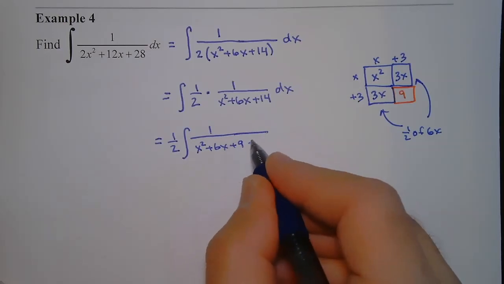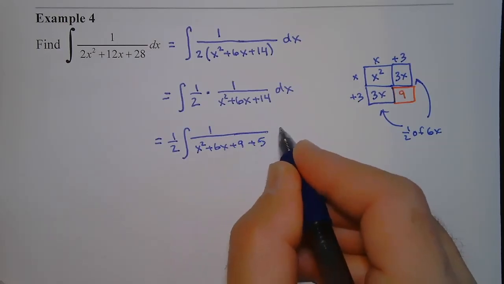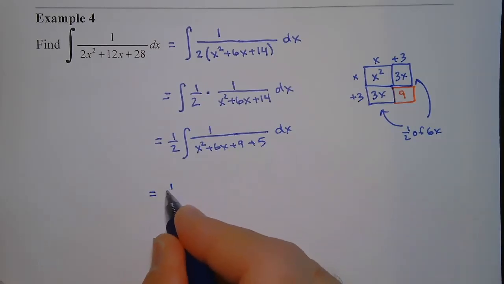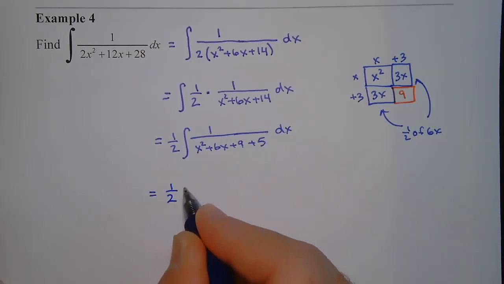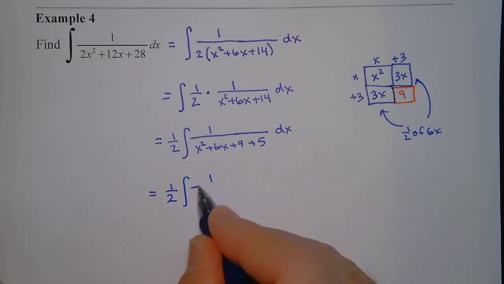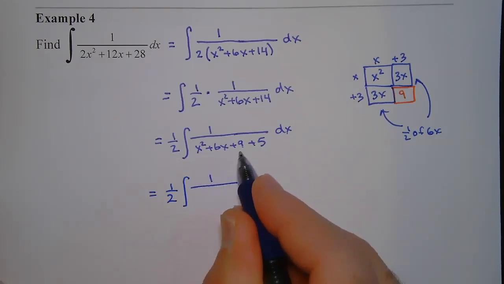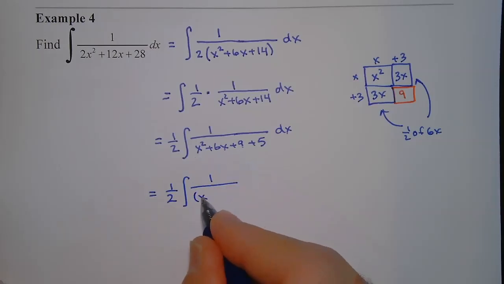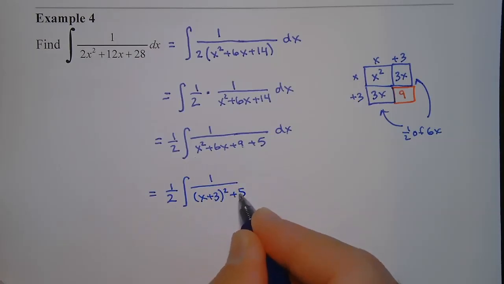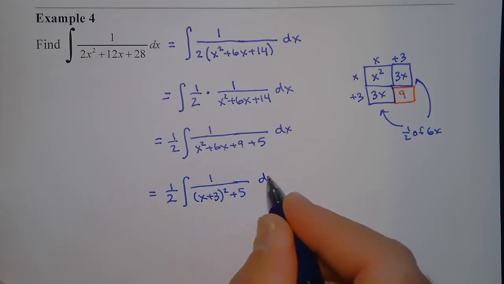I need to add 5, and then dx. So this becomes 1/2 the integral of 1 over x plus 3 squared plus 5, and then dx.